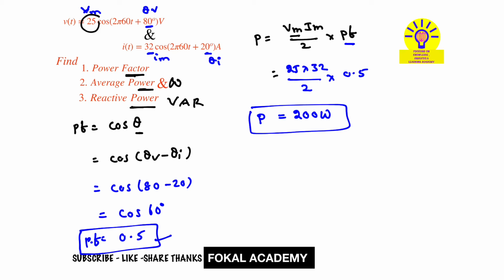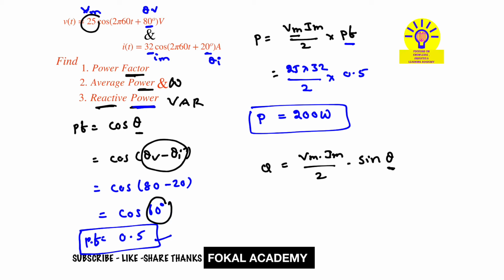Now similarly find the reactive power. We know that reactive power, that is Q equal to Vm into Im by 2 into sin theta. So here theta means theta V minus theta I, that is we got 60 degrees, that is sin 60 degrees, and Vm is the voltage amplitude, that is 25, Im is the current amplitude, that is 32.